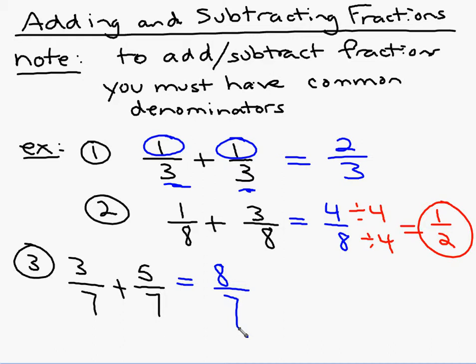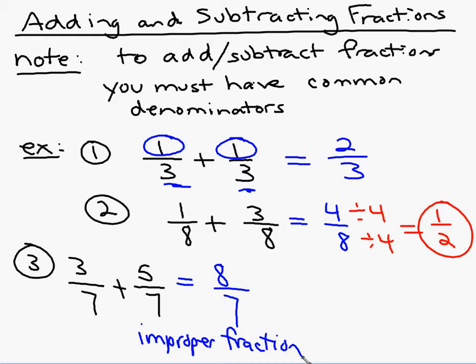When the top number is bigger than the bottom, that has a special name. It's called an improper fraction. That's called an improper fraction because the top number is bigger than the bottom. And I want to show you how to fix that.